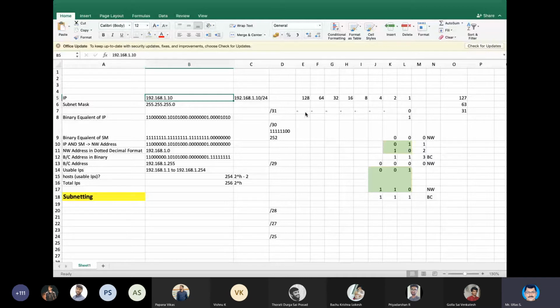Jyoti Rajaditya, Arava Satya, Jyoti Raditya. Can you come online? Arava Satya. Pavan Sai Gopinath.